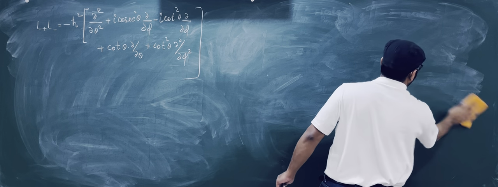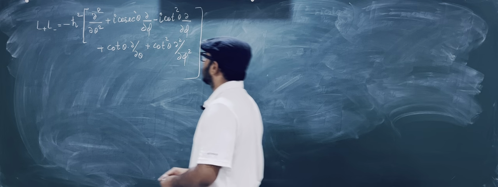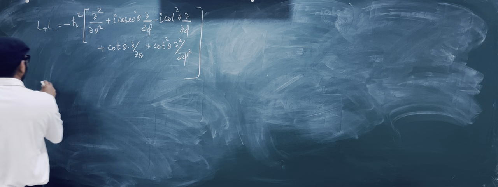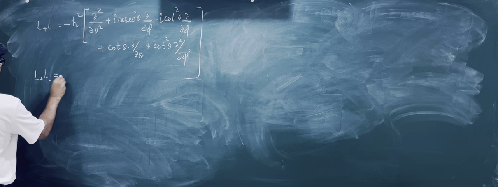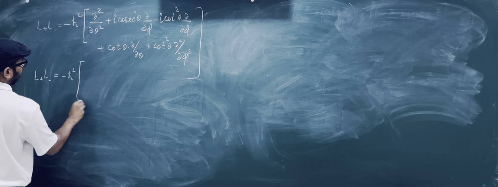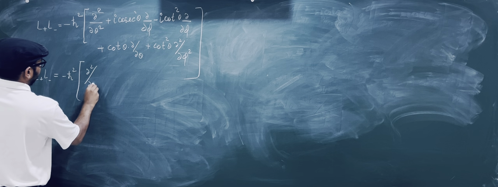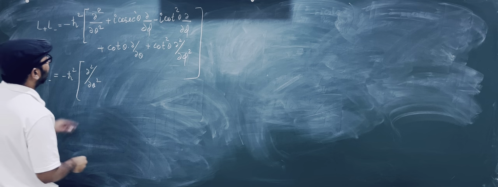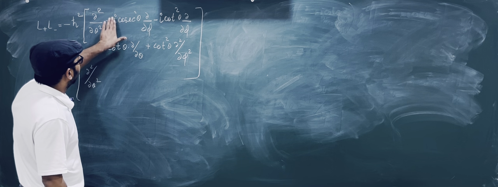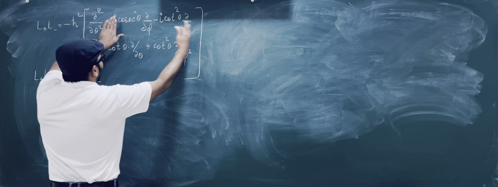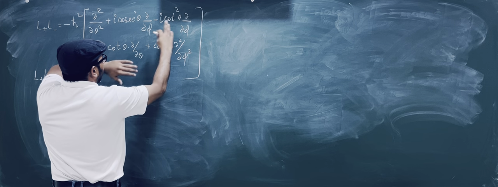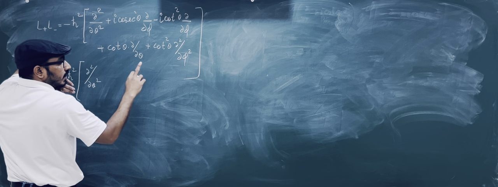Now we can rearrange some of these. So we can write L plus L minus as minus ħ square del 2 over del theta square, and if we take i out of this and del over del phi out of this, this will become cosec square minus cot square, which is 1, beautiful 1.